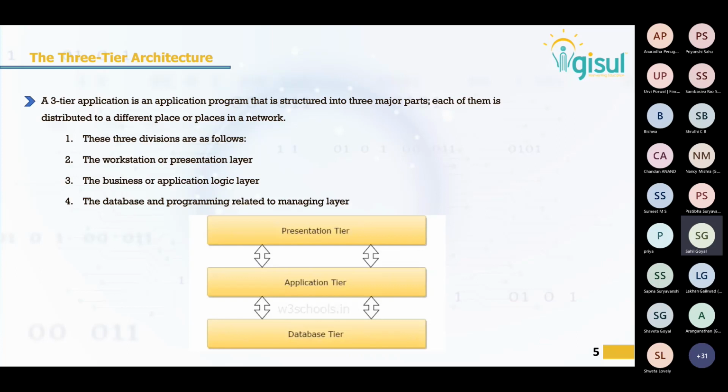Example, take a dynamic website where you have a database stored in PostgreSQL. You have a front end or application layer built on React or Node, and then you have front end tools like HTML and CSS presenting that information to you. So that becomes a three-tier architecture for you.